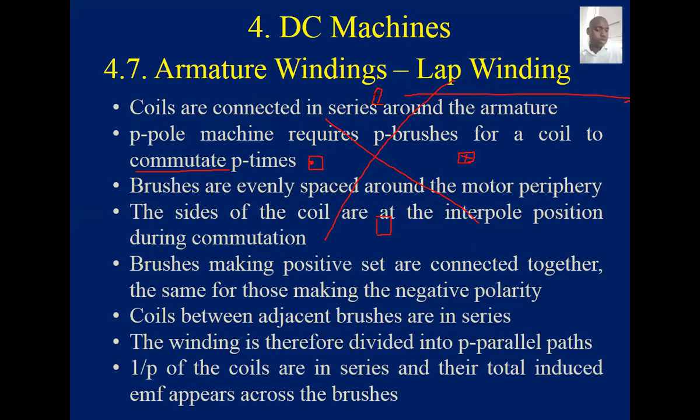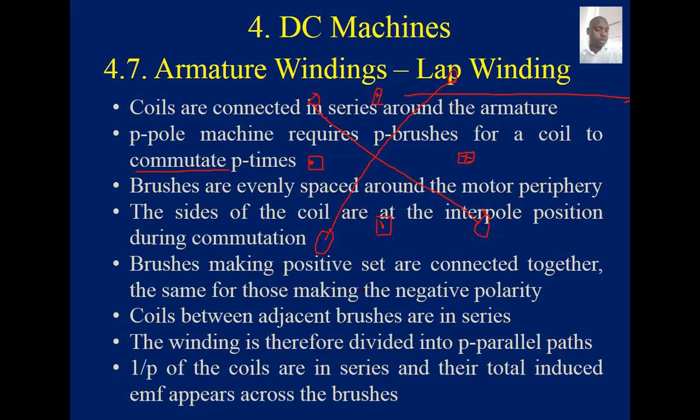So it should be at interpoles. These two lines which I have drawn will show us the interpoles. That means during commutation, we expect our brushes to be such that the sides of the conductor are at these interpole points, so that they have basically zero voltage across them when they are commutating.